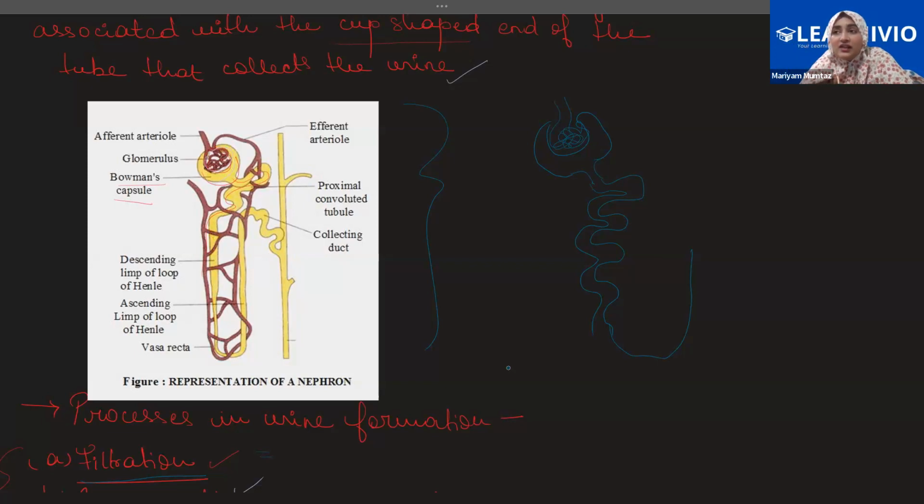But a concentrated urine has less water and more nitrogenous waste. So the function of Henle's loop is to produce a concentrated urine in which the water is absorbed by the body and the nitrogenous waste that is not needed is excreted out. That is the function of Henle's loop.